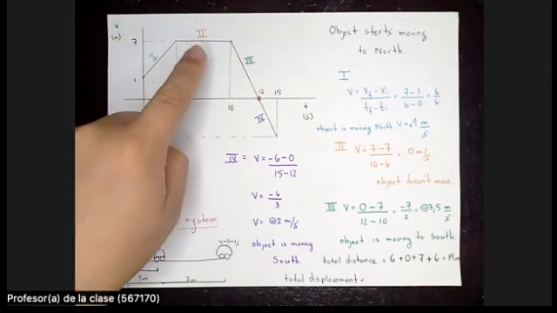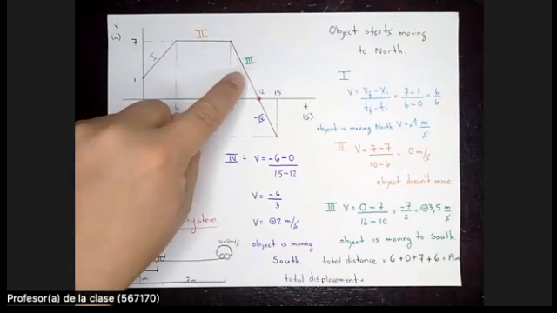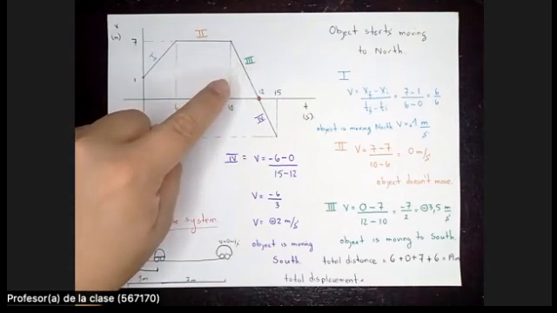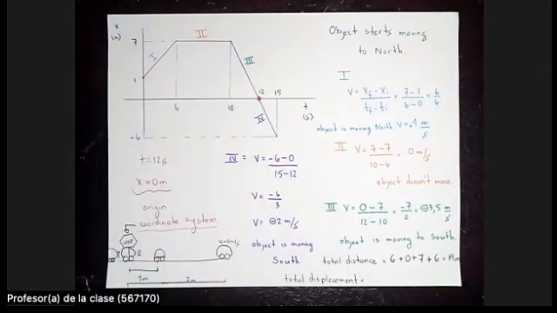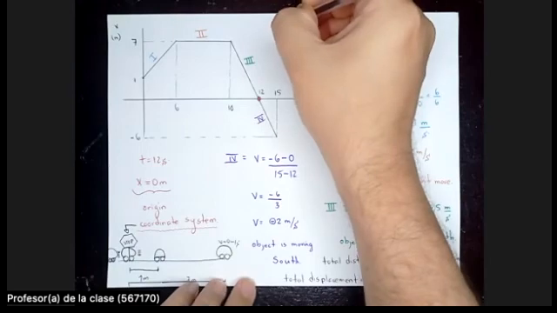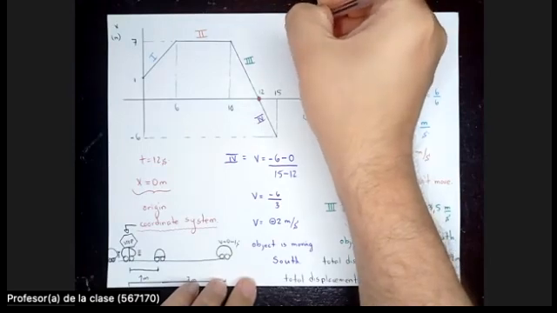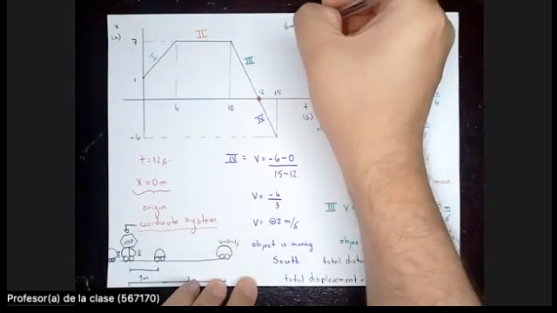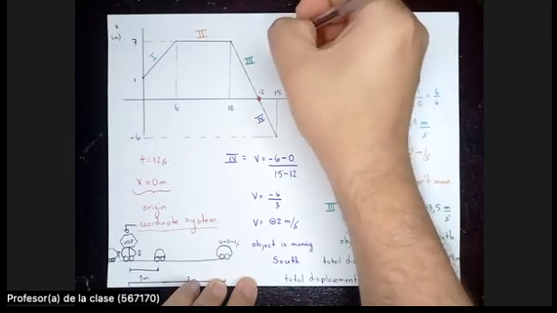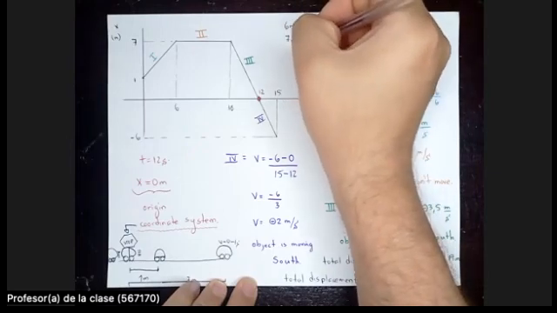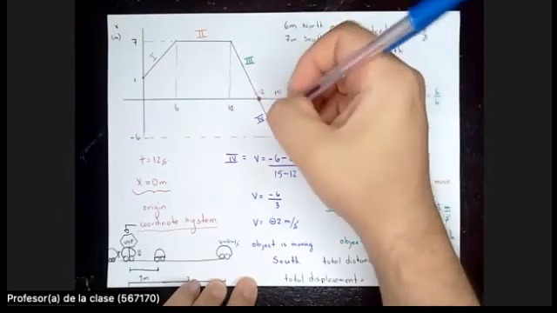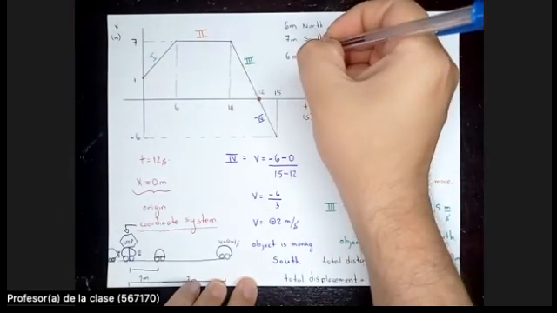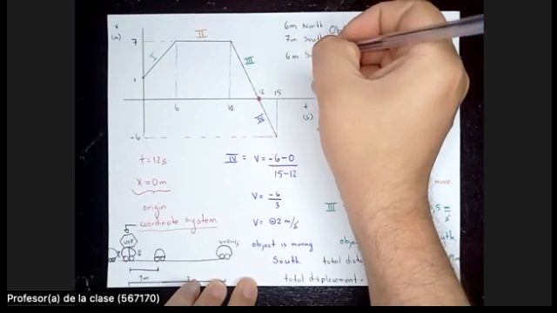Then the object stops, then goes back 7 meters to the south, and then 6 meters south again.